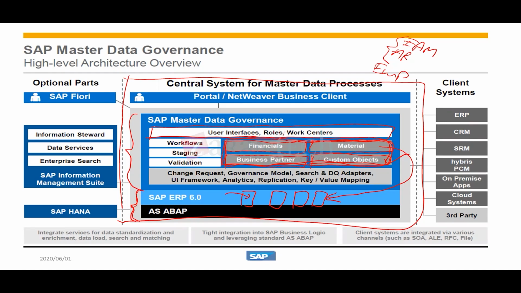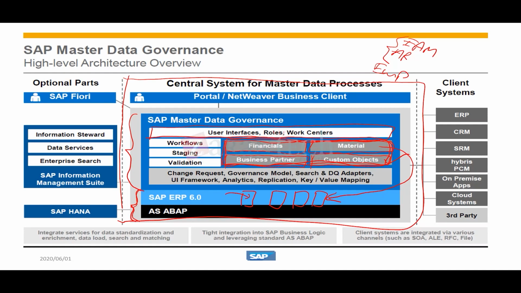All you need to do is enhance those UI applications as per our business needs. By default, you get UI applications for single object processing, for mass processing, and for data loads. Everything is already available.